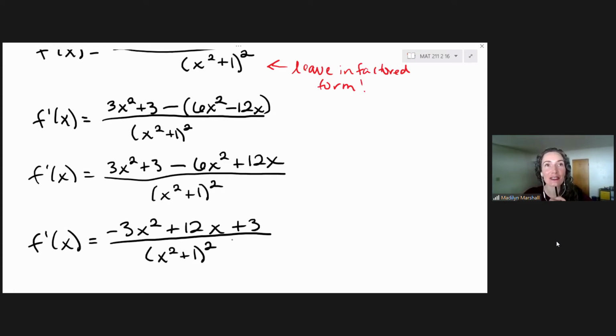Taking the derivative part is pretty much the same as the product rule, identifying those 4 things and putting them into the formula.